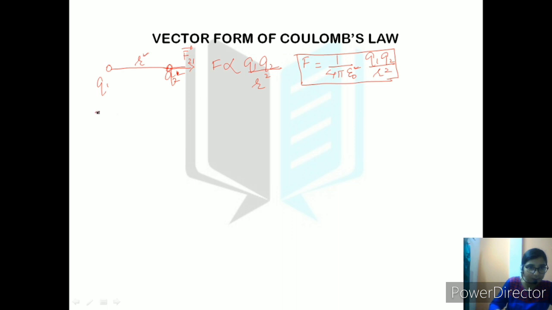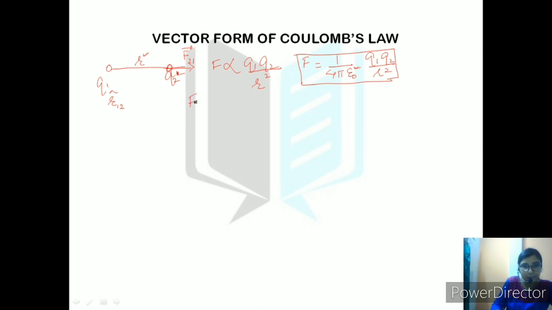Now define the unit vector, that is the vector which has unit magnitude and which gives the direction. So here, the direction is from 1 to 2. R12 cap is the unit vector which gives the direction from 1 to 2. That means F21 is in the direction of R12 cap.